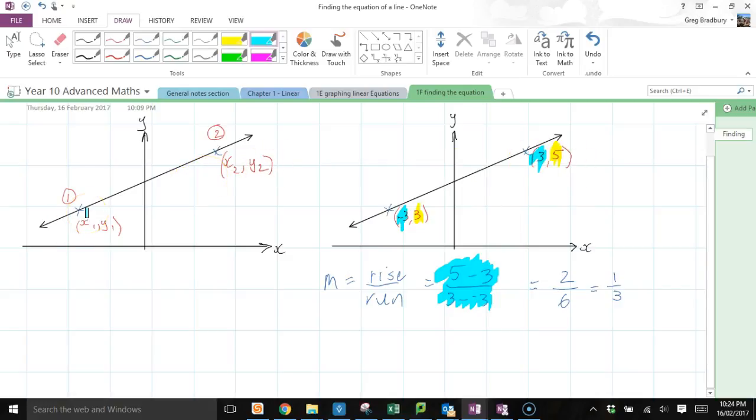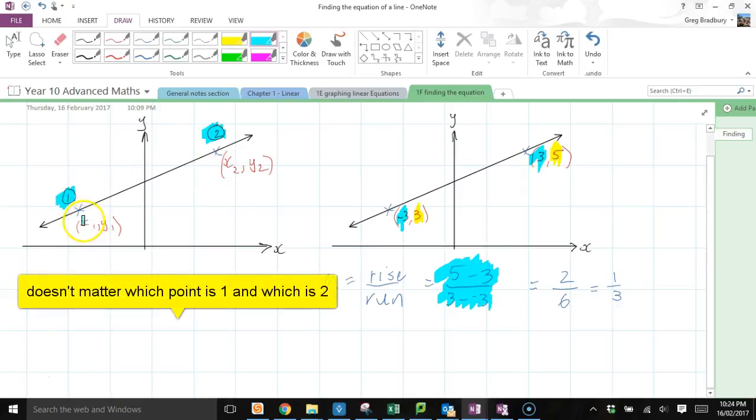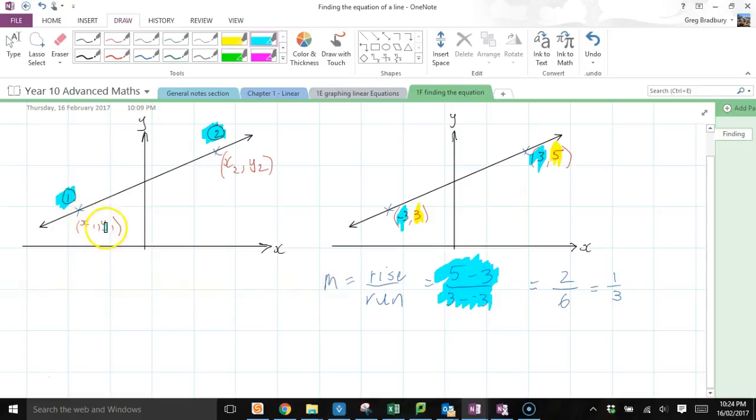I've designated point 1 and point 2. Point 1 has coordinates x1, y1, and point 2 is x2, y2. These are the x and y coordinates of point 1 and of point 2.